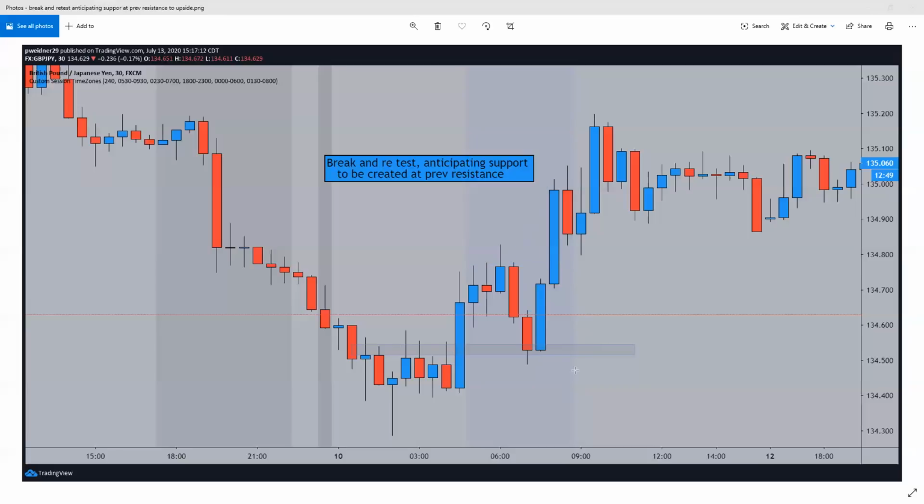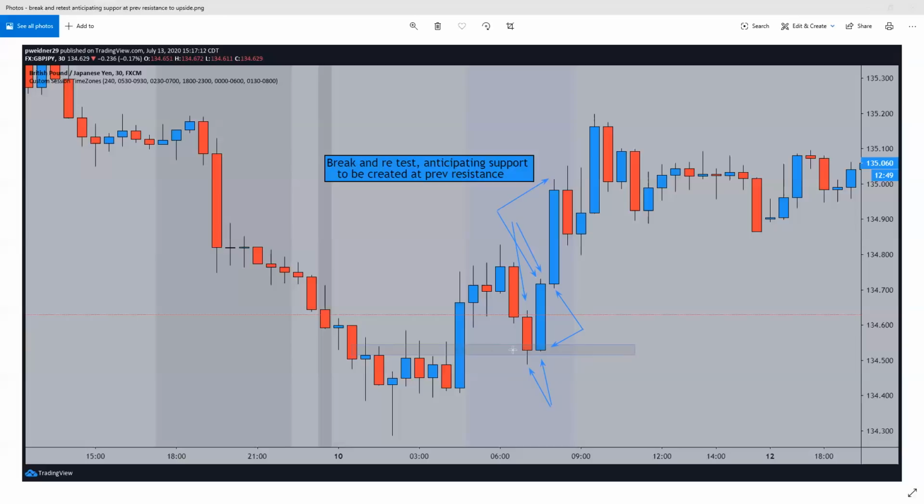And then you'll notice once we did have that big bullish push from that support, price made continued higher lows again and higher highs to push up.